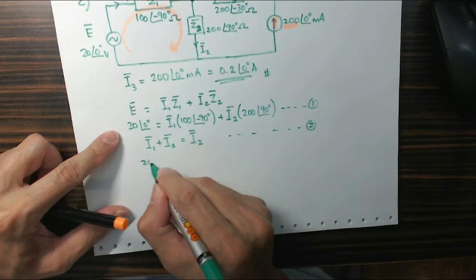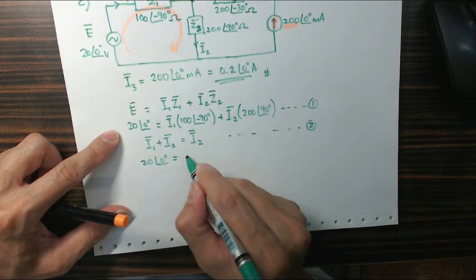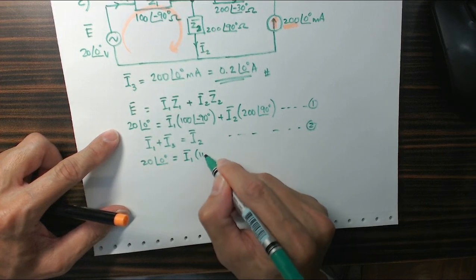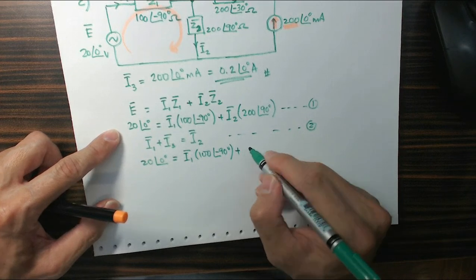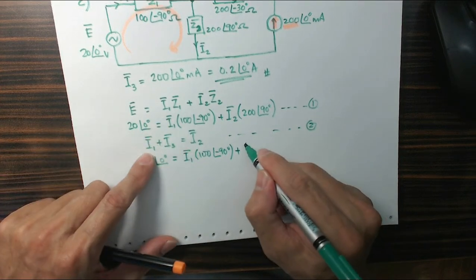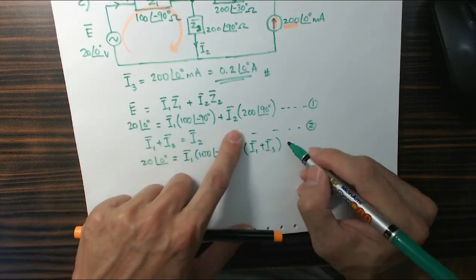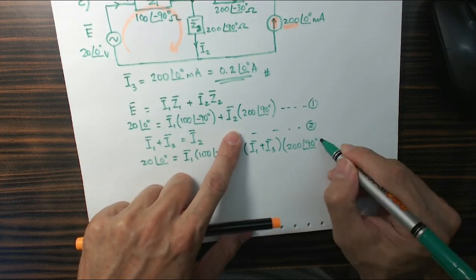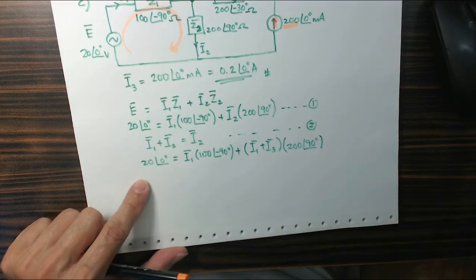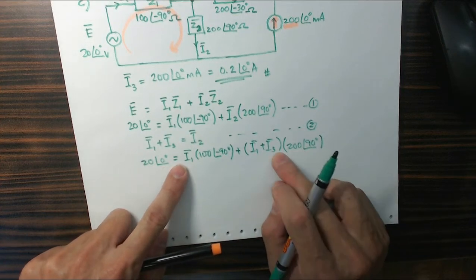That gives me 20 angle 0 degrees equals I1 times 100 angle minus 90 degrees plus I2, I replace it with this, so I1 plus I3, multiplied by 200 and an angle of 90 degrees. Okay, from here, since I have I1 and I know I3, I just rearrange for I1.